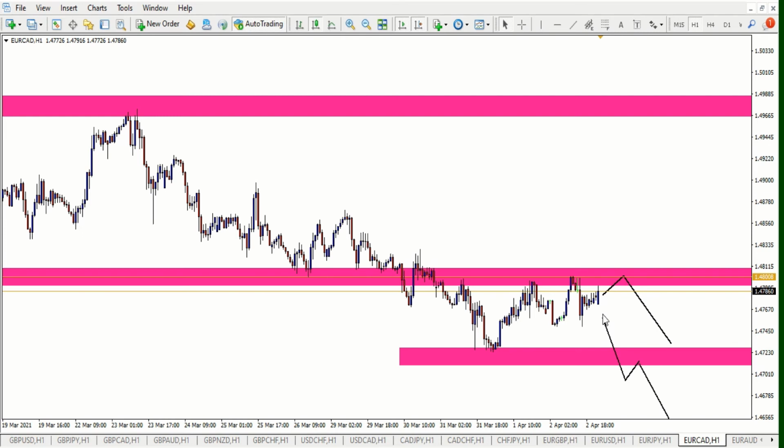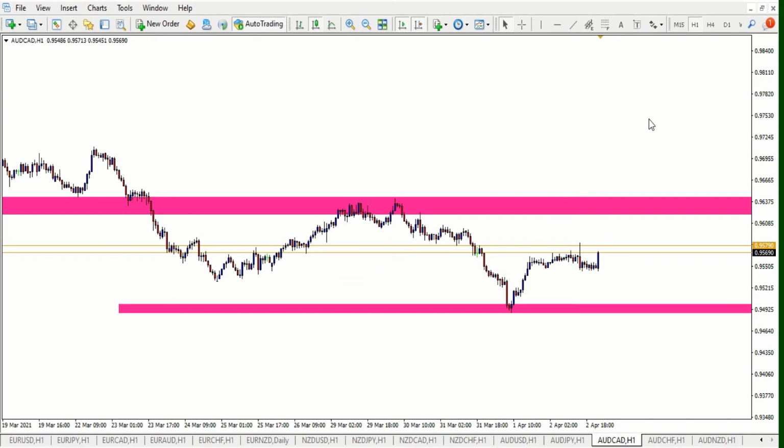Or as I said, it could gap down, break through the support zone, come retest the new resistance, and continue its way back down.